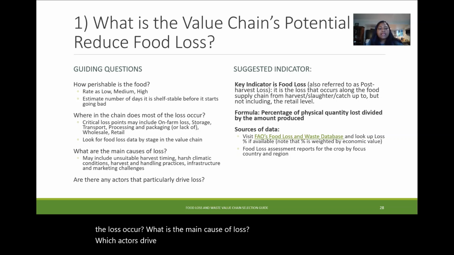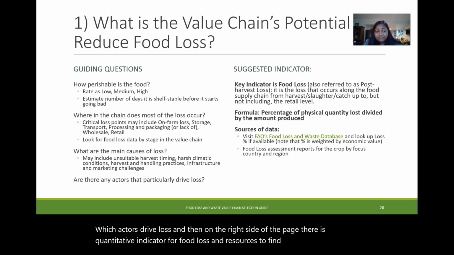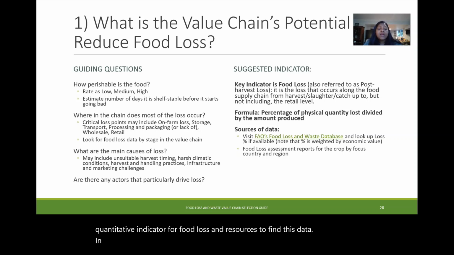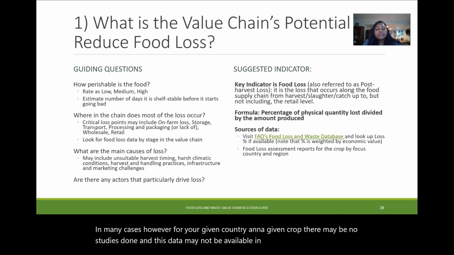And then on the right side of the page, there is a quantitative indicator for food loss and resources to find this data. In many cases, however, for your given country and a given crop, there may be no studies done and this data may not be available. In that situation, one of the guiding questions can be used as an indicator.